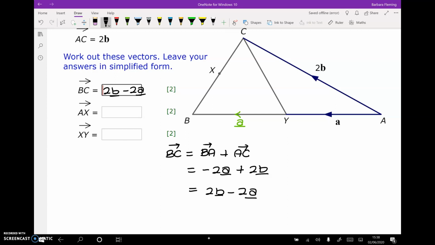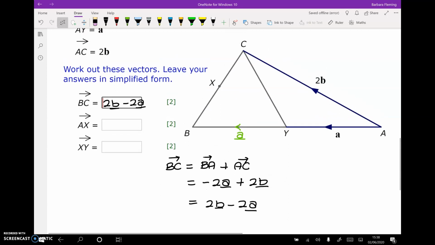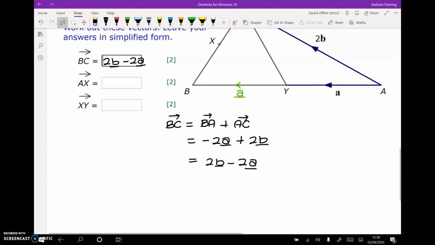A to X then, well, if we're looking at that, we're going from A to B, and then half of B to C. So that would be a way of looking at it.